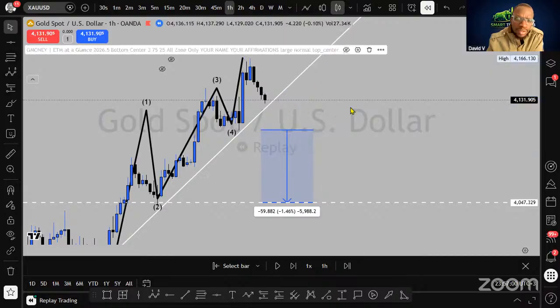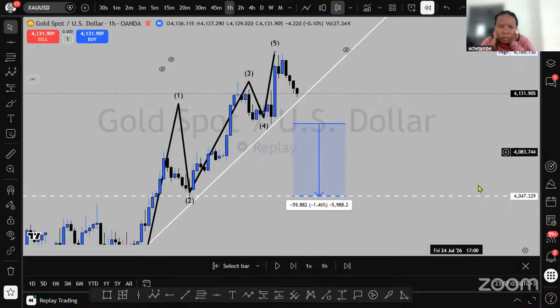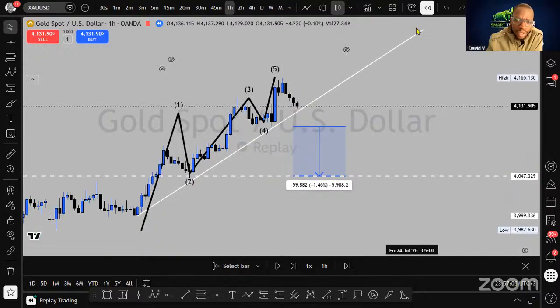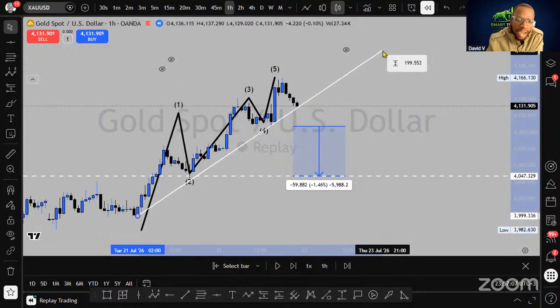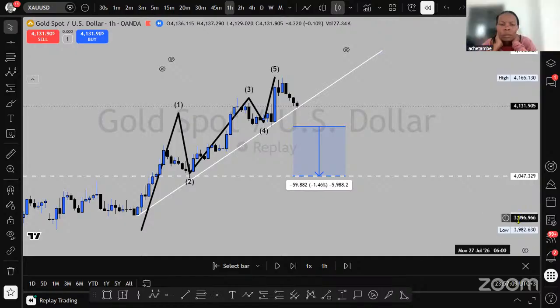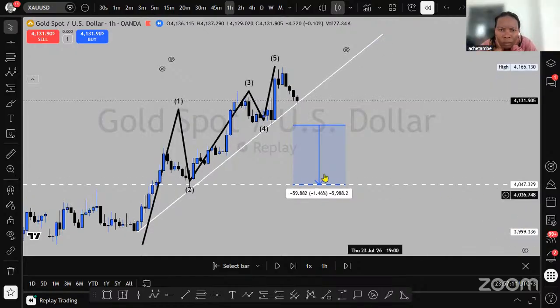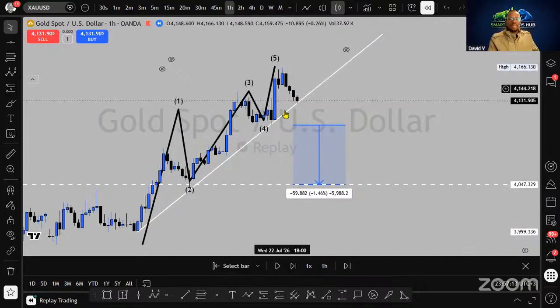Okay, let me also remove this, and also we don't have that. Okay, but I have my trend line. So you can see each time the market is coming to the trend line, it respects the trend line.